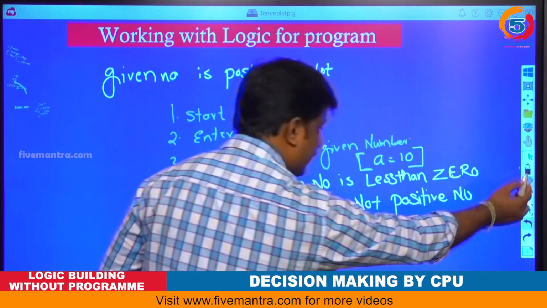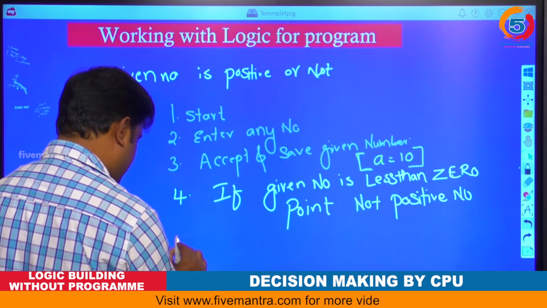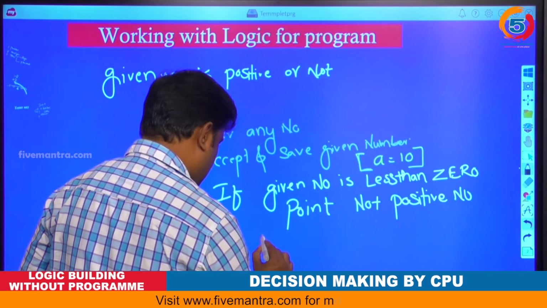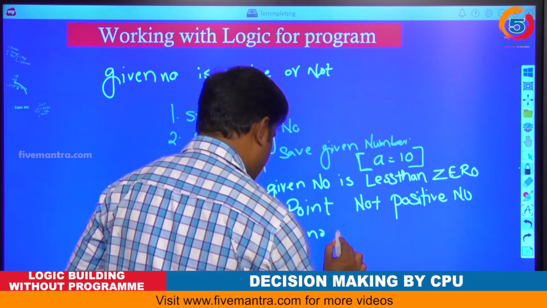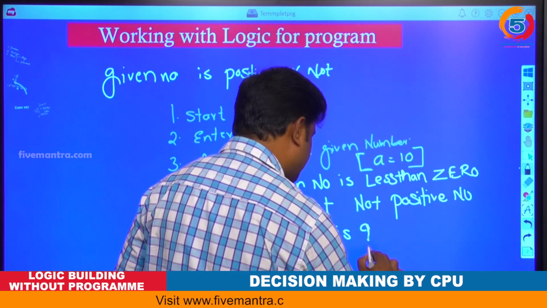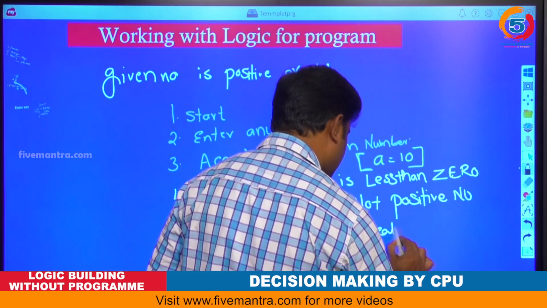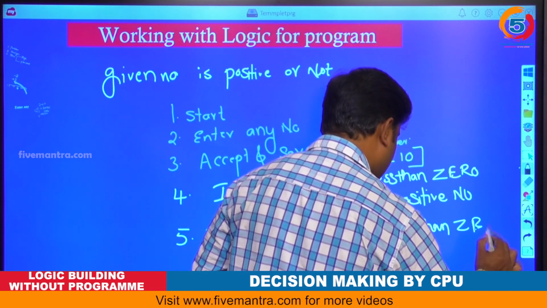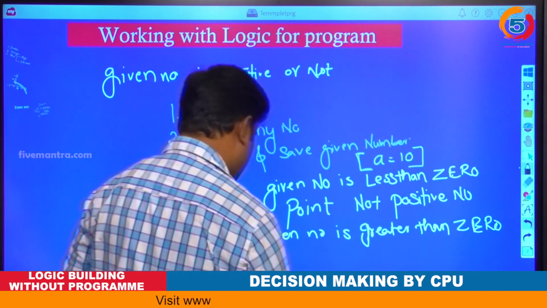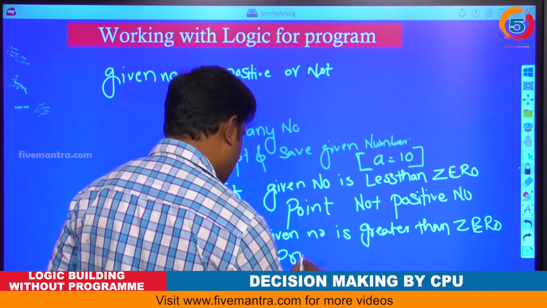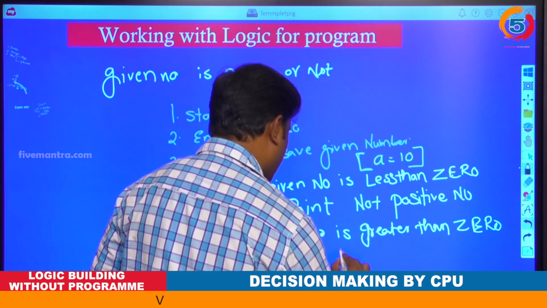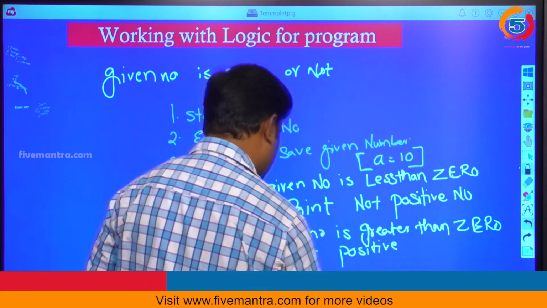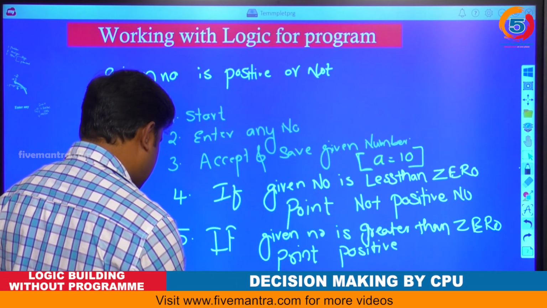In the fifth step, once again I'm checking if given number is greater than 0, then print positive. Next, sixth step is end.